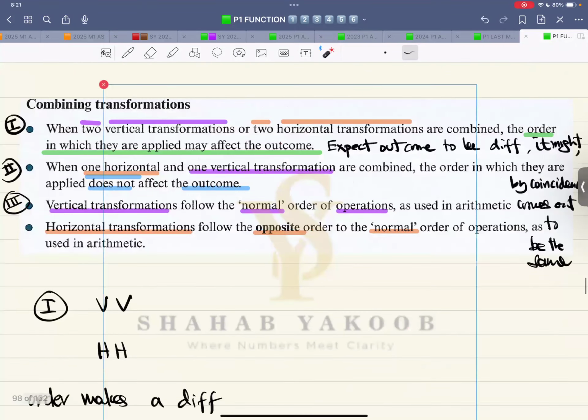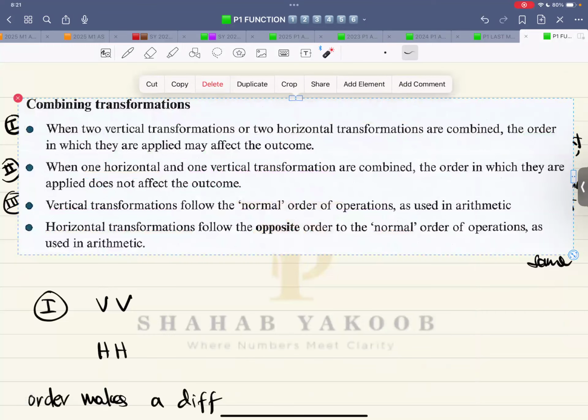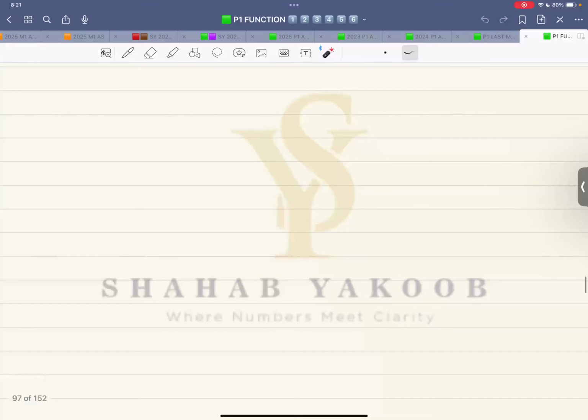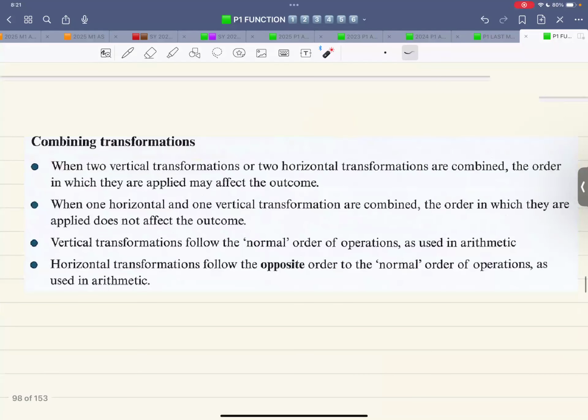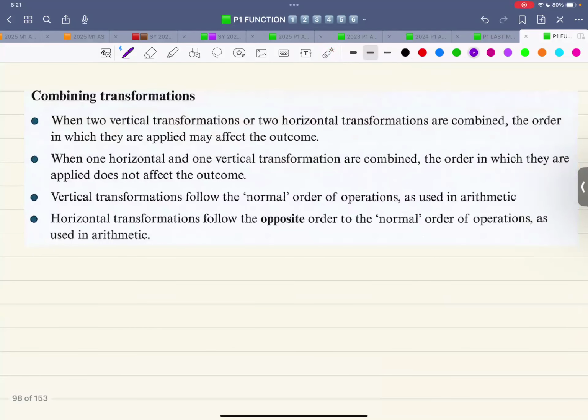Now, let me just grab this thing. Let me add a page over here. And then look over here. When two vertical transformations or two horizontal transformations are combined, the order in which they apply may affect the outcome.